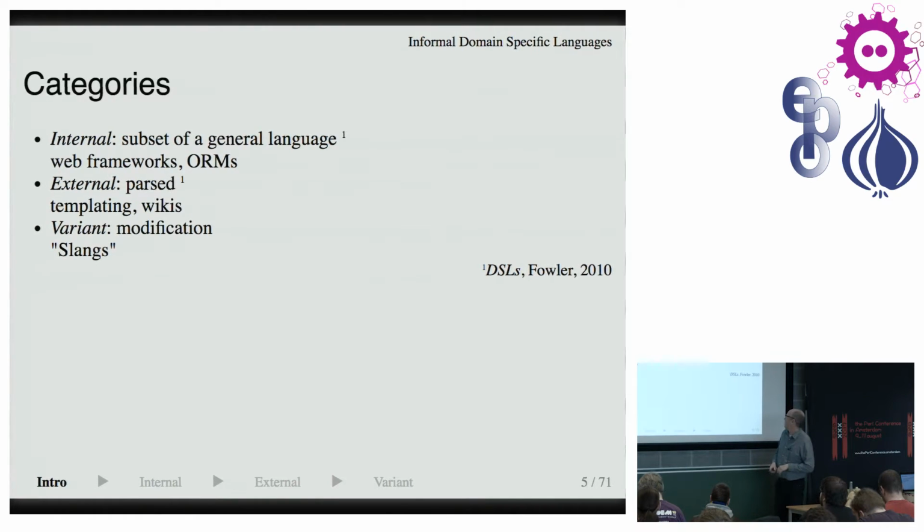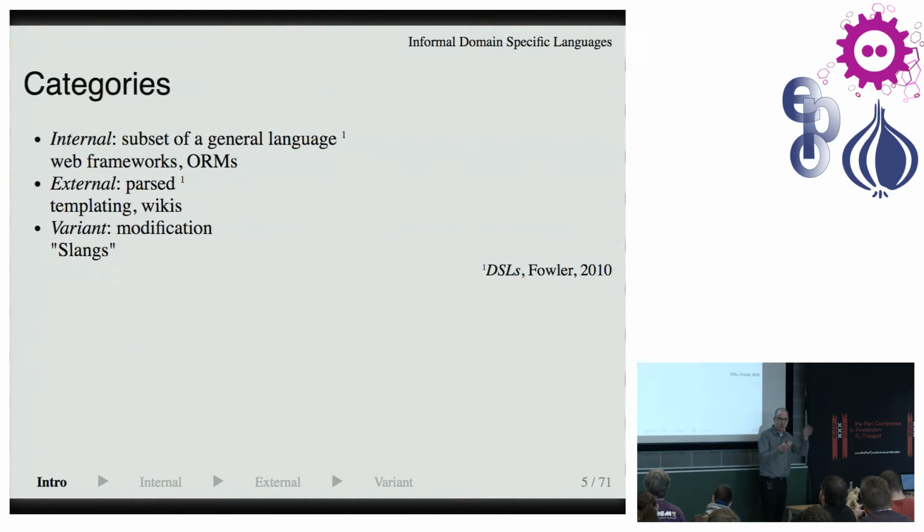In 2010, Martin Fowler wrote a book called Domain-Specific Languages, and he divided them into two different categories, internal and external. Internal DSLs are languages that are a subset of a more general programming language. And external ones are languages where you're actually parsing it.